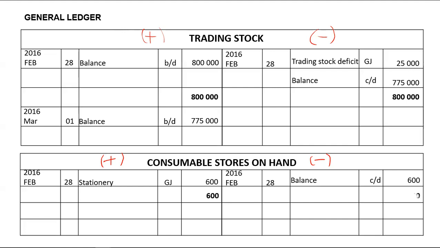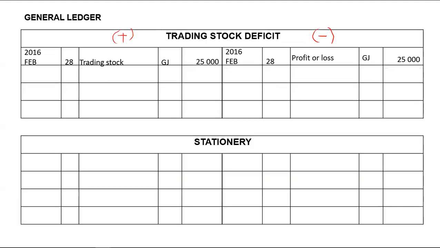So at the end of the year, under consumable stores on hand, we will have unused stationery amounting to 600. That should be balance brought down. Sorry for that. I am quickly going to record it before I simply correct it.